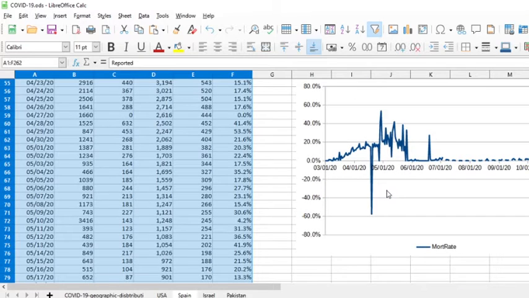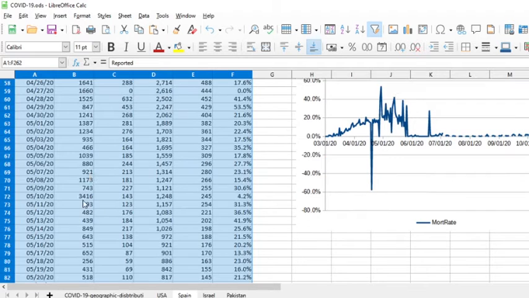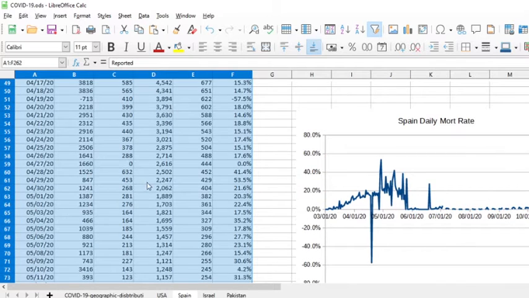Let's take a look at mortality. Mortality rate's a problem here because, well, we got this thing right here, okay? We got this huge, massive number there between 4.1 and 5.1. Between minus 60%.